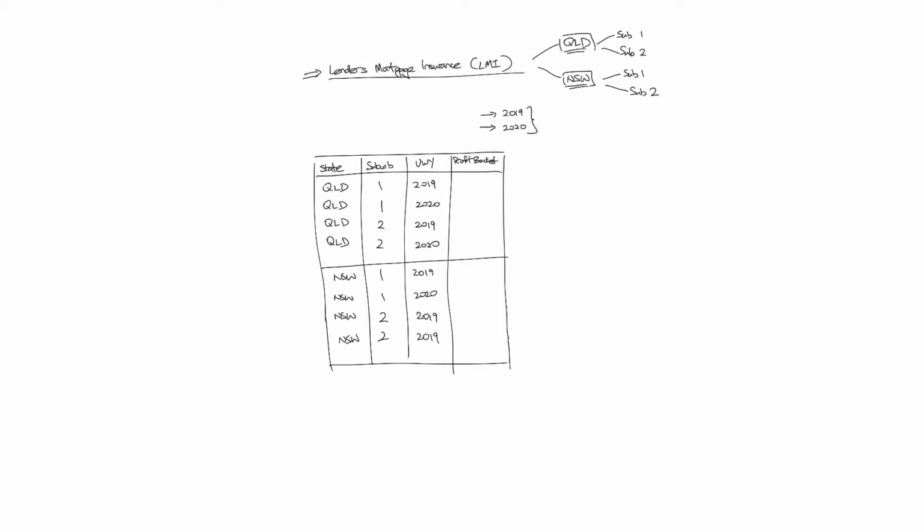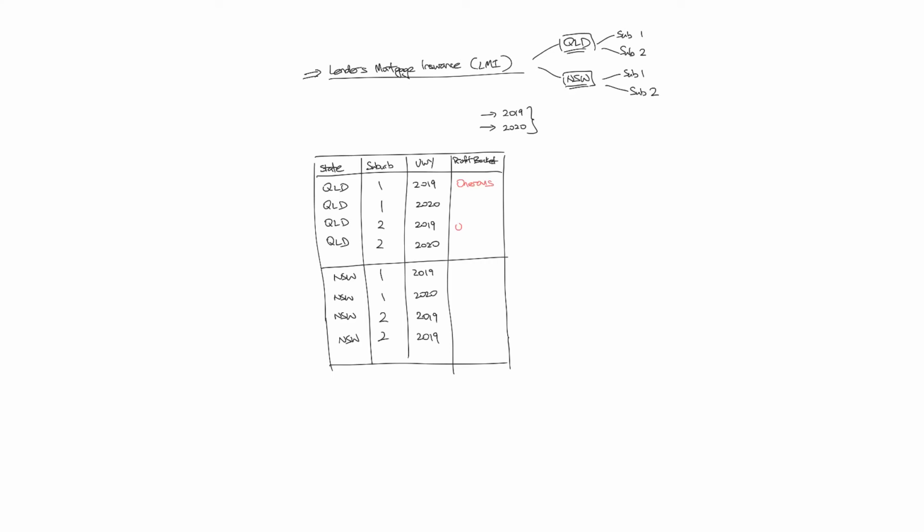Now, what we can say is for the profitability bucket, maybe Queensland is just a bad book of business. Maybe we've been writing in Far North Queensland and we've been writing more of that in the 2019 underwriting year. So let's just say this is onerous.